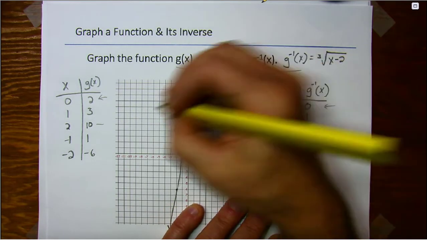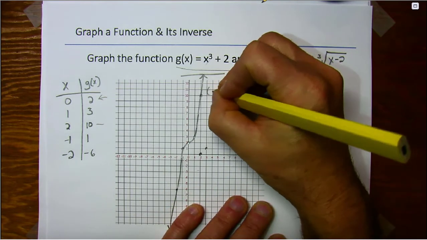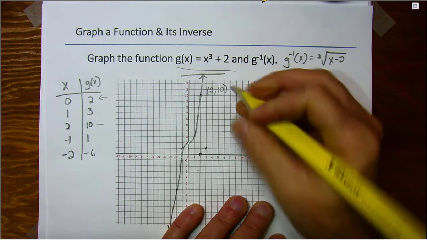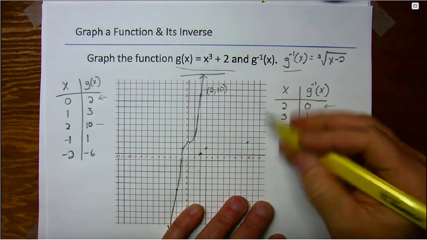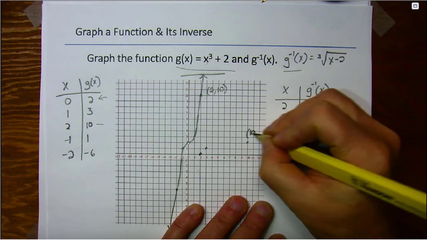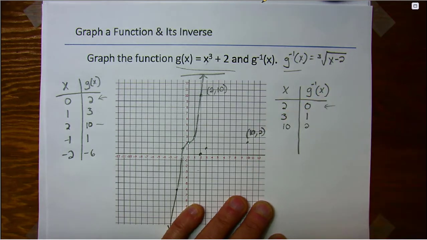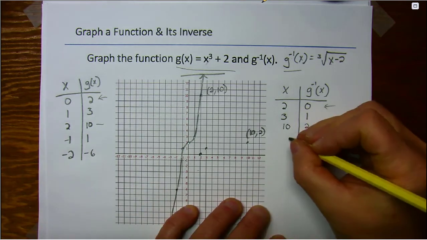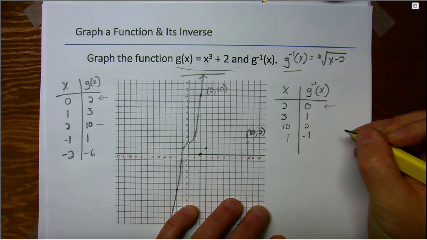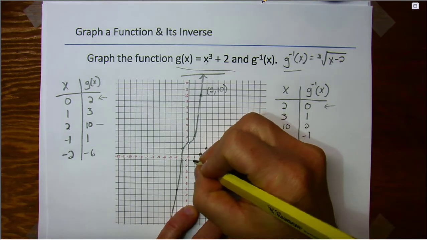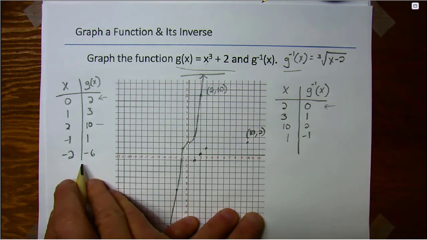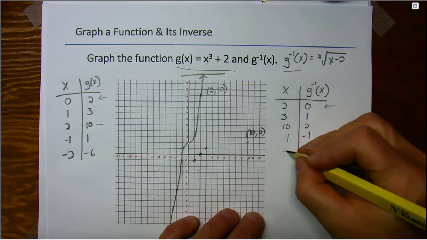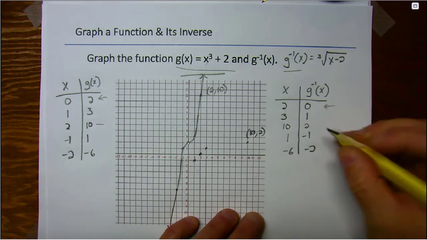Up here, from our first function, we said that (2, 10) would be a point on that function. Well, then (10, 2) should be a point on this function, and it is. (-1, 1) becomes (1, -1). (-2, -6) will become (-6, -2).